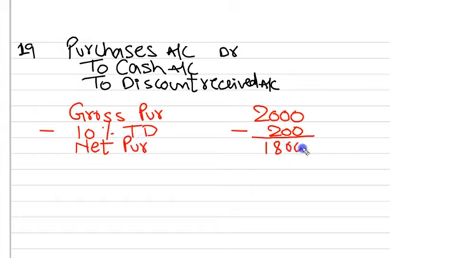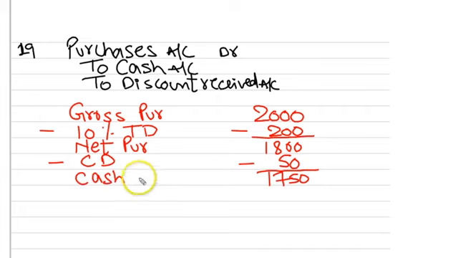And he is allowing me a cash discount of 50 rupees. I am supposed to subtract 50 over here. Alright, so 1800 minus 50 gives me how much? 1750. Alright, this is the amount of cash that I am supposed to pay.